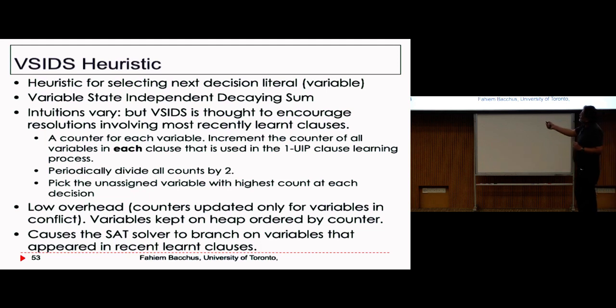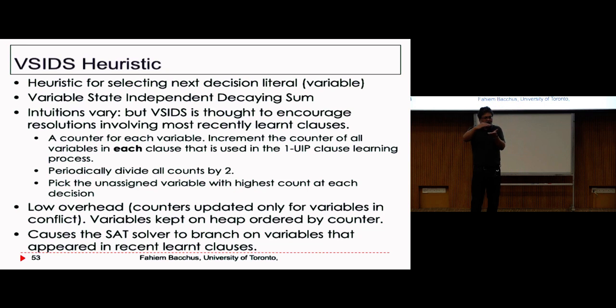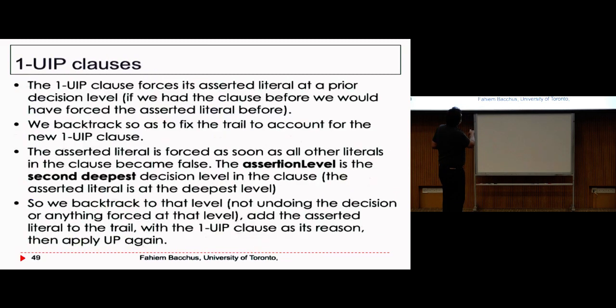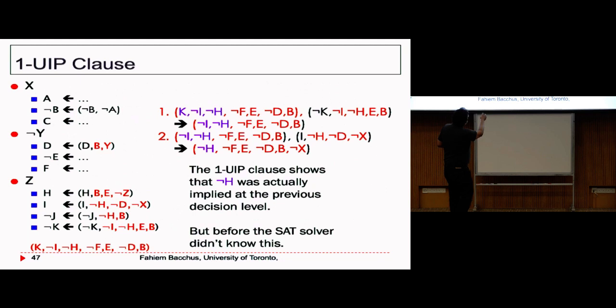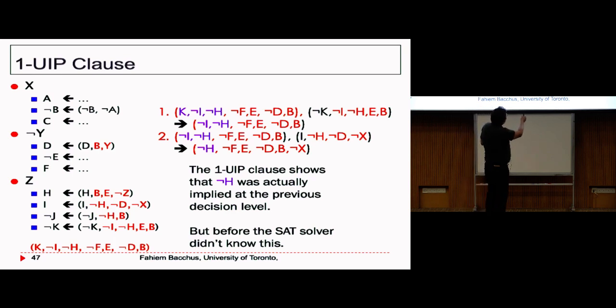But basically what the heuristic does is that every time you do a resolution of a clause against something, the reason for a unit, when you do clause learning, like for example, in this case here, when we learned this, we did a resolution against this clause, then we did a resolution against this clause to get this clause. Each of these clauses, including the conflict clause that we originally got, the very first one, we bump their variables by 1.